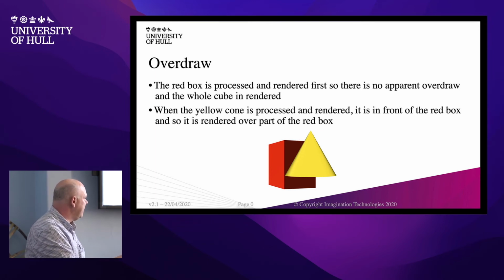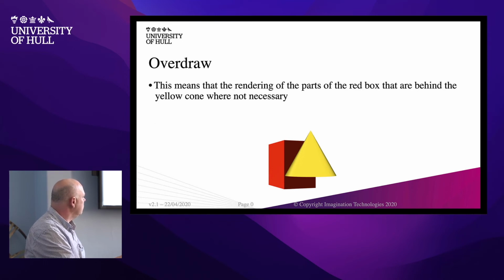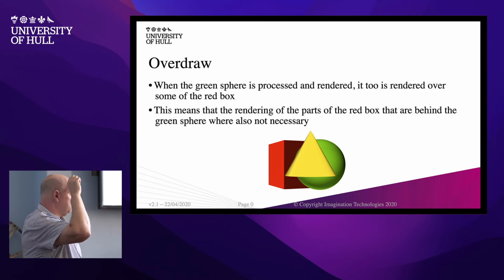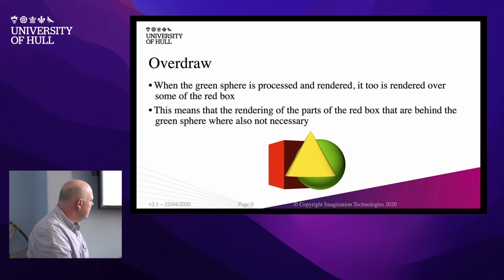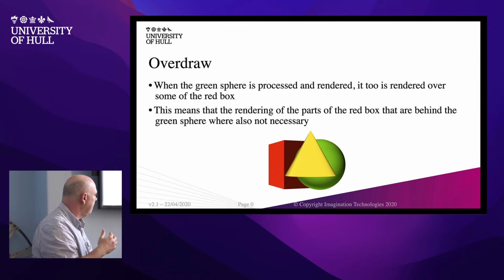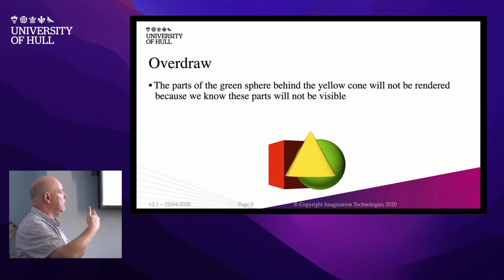When we submit the green, this isn't so bad in terms of the yellow cone, because we submitted the cone before the sphere. So the sphere goes in here, but it's still overriding the red things that we did initially. So it's costly, we're still doing that.